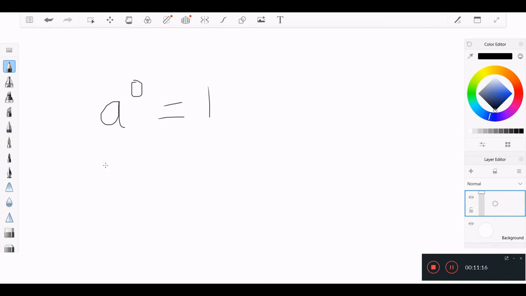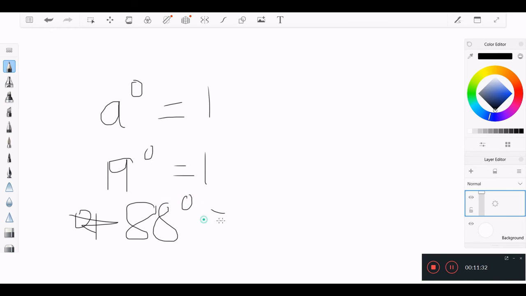If you have 19 to the power 0, you will get 1 as well. You have 88 to the power of 0, and you will get 1 as well. No matter what the number is, when the power is 0 you get 1.